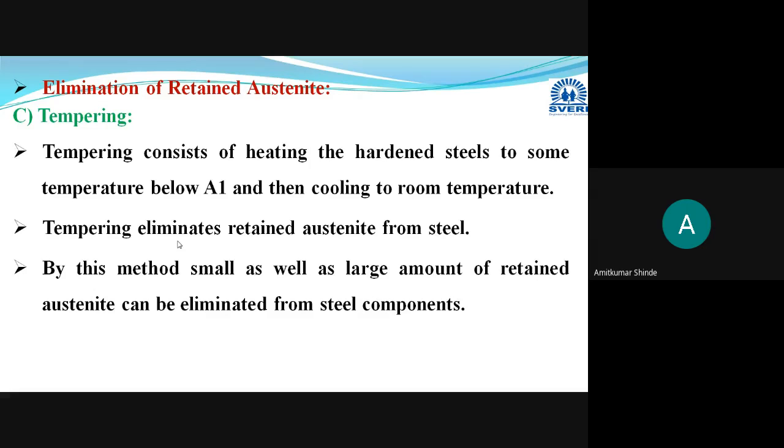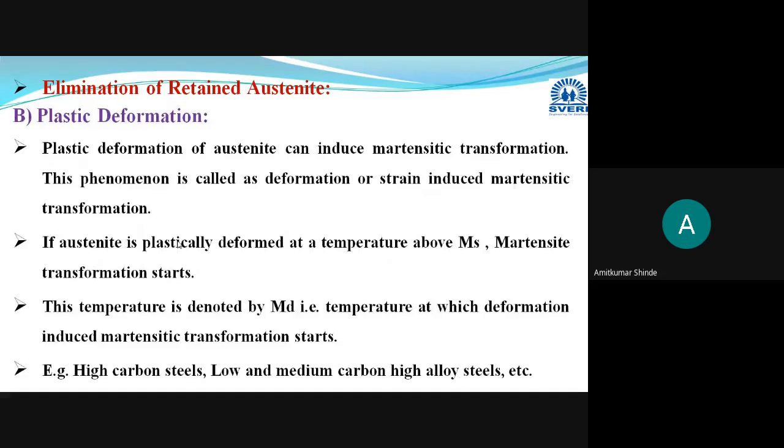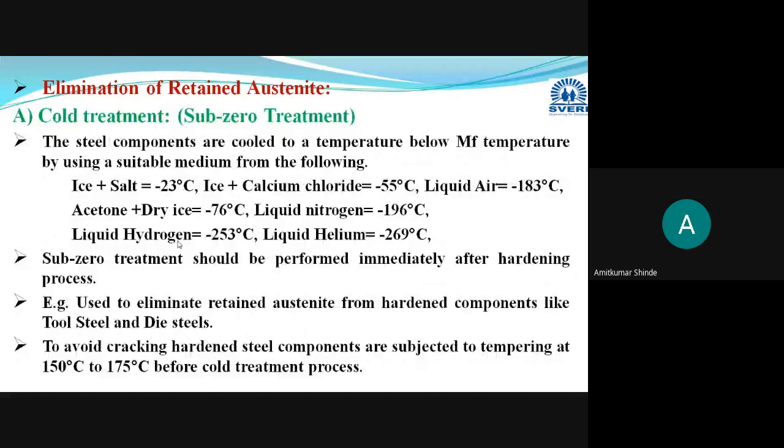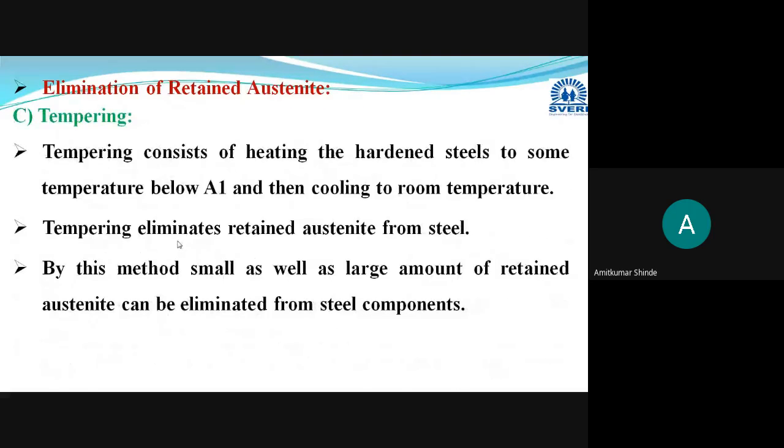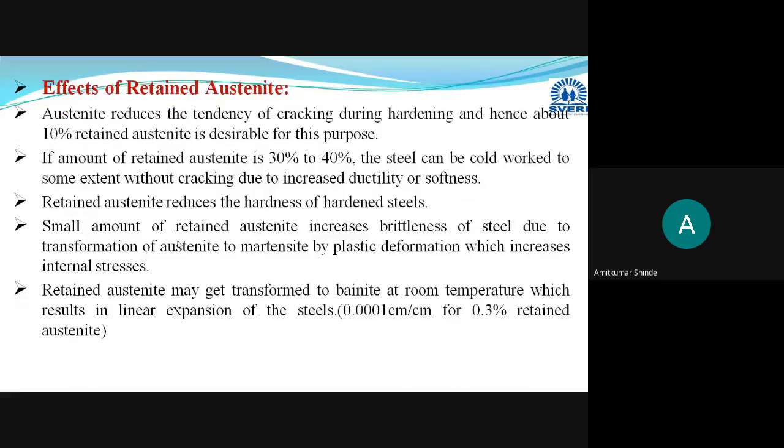How this process is exactly conducted, we will discuss in brief. Whenever in an examination they ask about elimination of retained austenite, you just mention these three processes: cold treatment or sub-zero, then plastic deformation, and for tempering you write these two sentences only. If they specifically ask about the tempering process, then you explain it in brief.